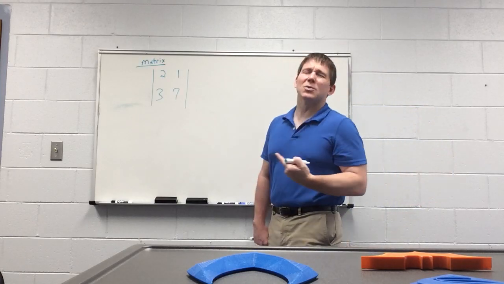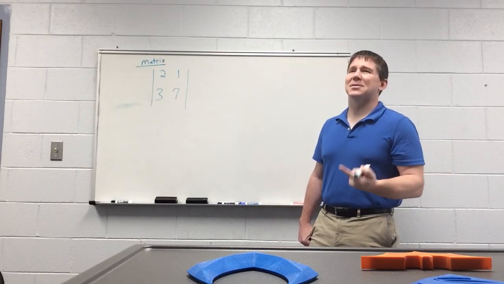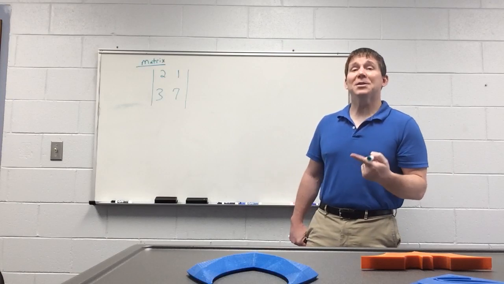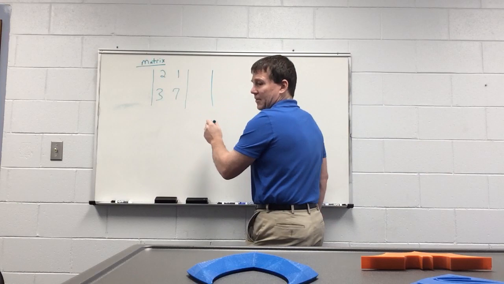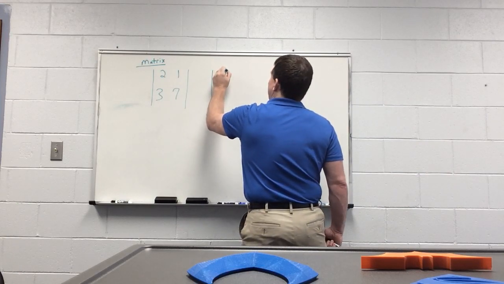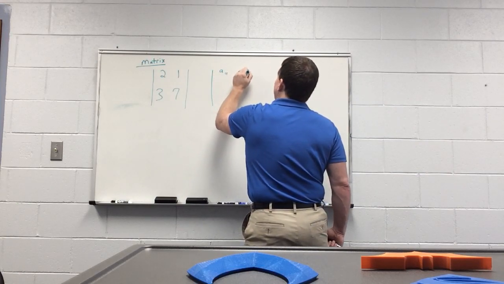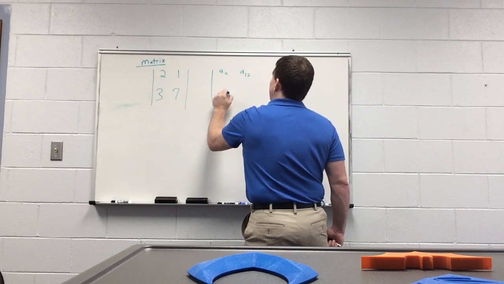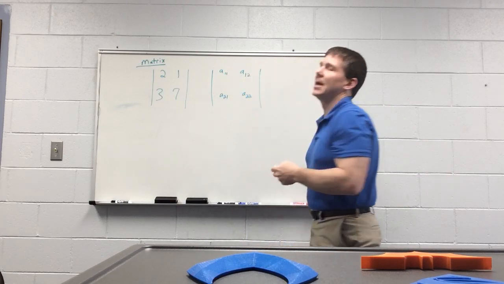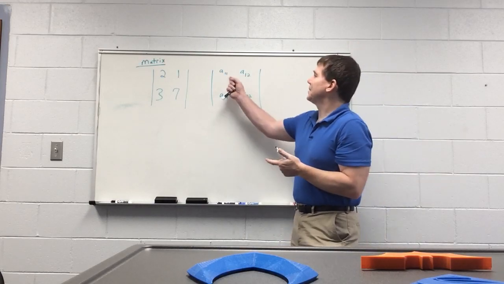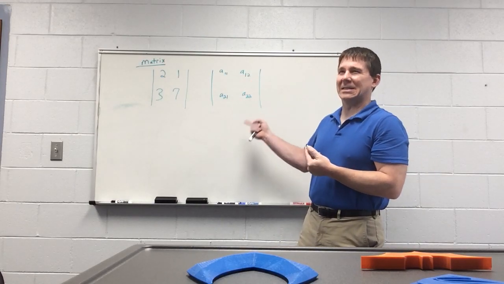Once you have an idea of a matrix, there's all the notation and terminology that comes along with it. The general form of a matrix would be maybe A11, A12, A21, A22. These subscripts should look similar.